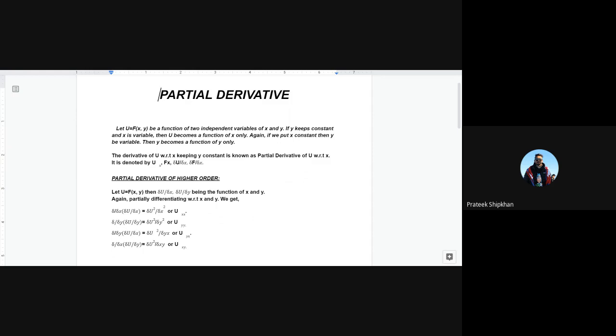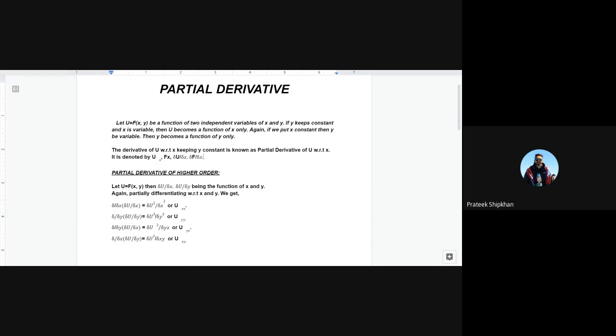Therefore, we can say derivative of u with respect to x keeping y constant is known as partial derivative of u with respect to x. Similarly, we can write it also here like this form: ux, delta u by delta x, delta f by delta x, f of x, like this.